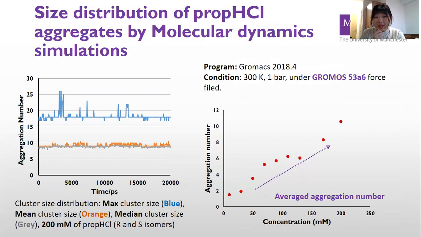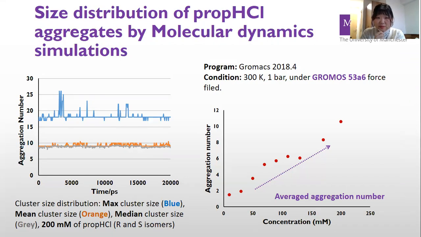So we also applied molecular dynamics simulations to better understand the self-assembly of the drug, and the plot on the left shows the size distribution of the aggregates from the 200 millimolar simulation results.